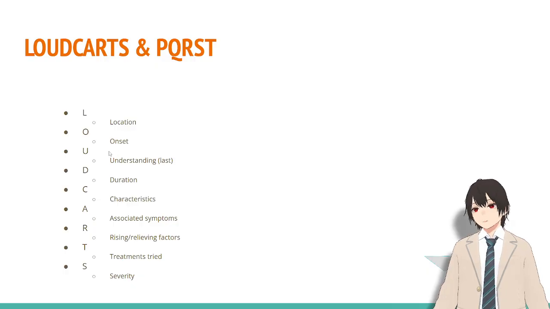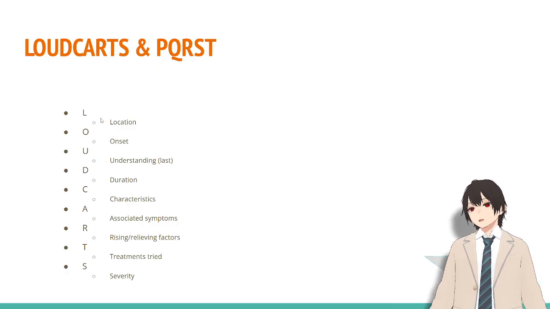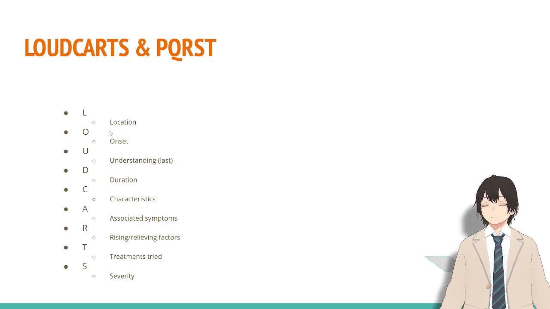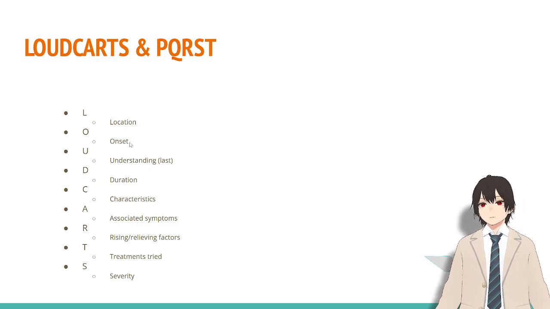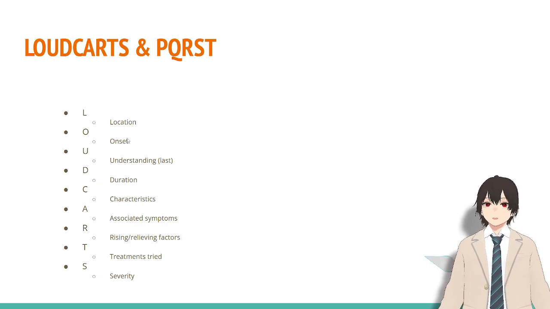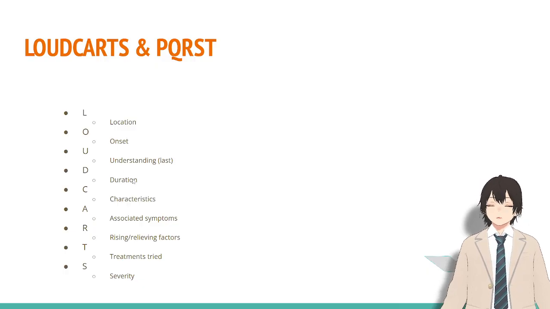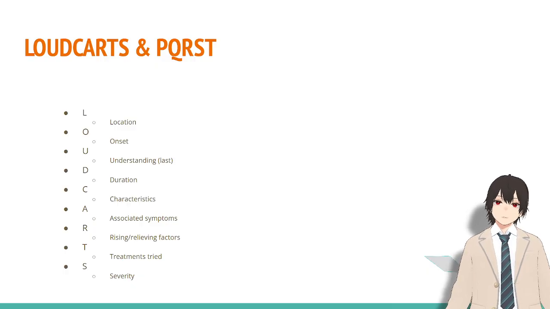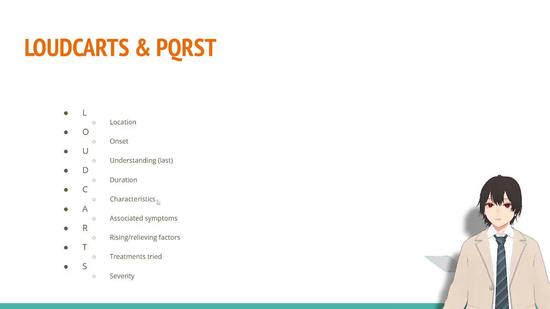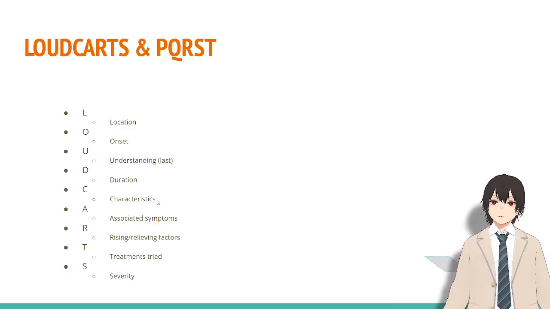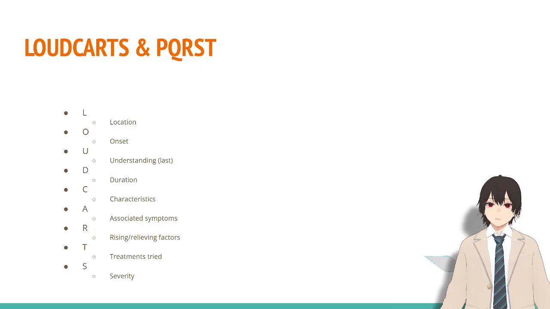Like, if they come in with wrist pain, you ask their location, and they say it's my wrist. Onset, well, it's been happening for quite a while, maybe three years, right? When did it first start? Duration, they could say it comes and goes, or it's just always there. Characteristics could be it hurts more at this time of day, hurts less when I rest.